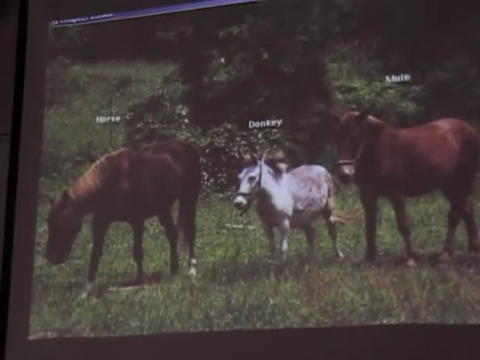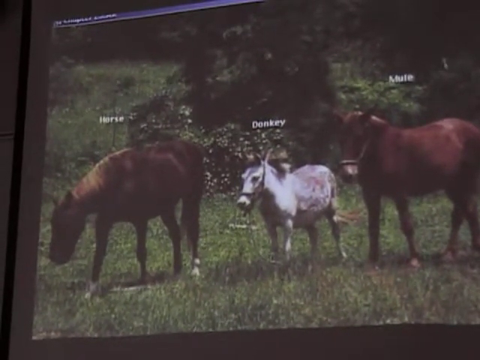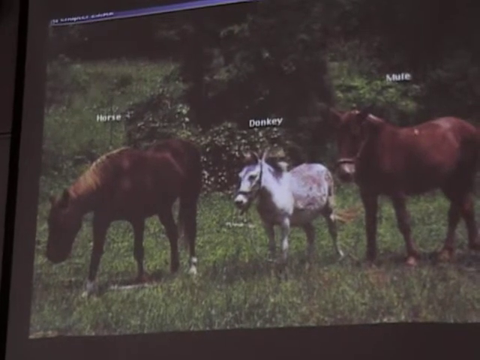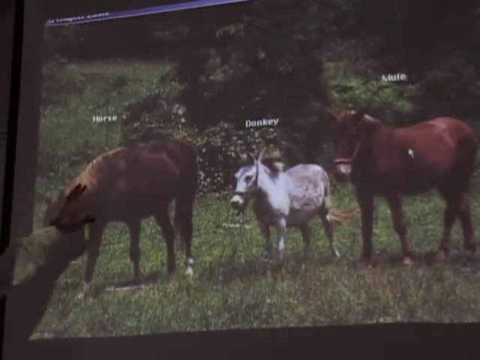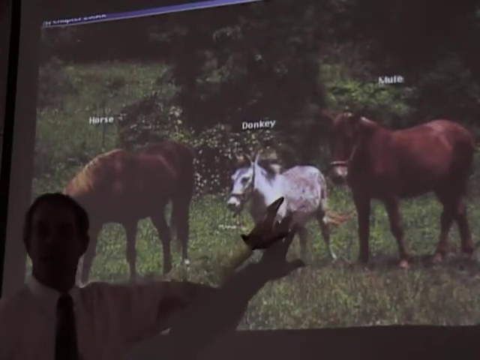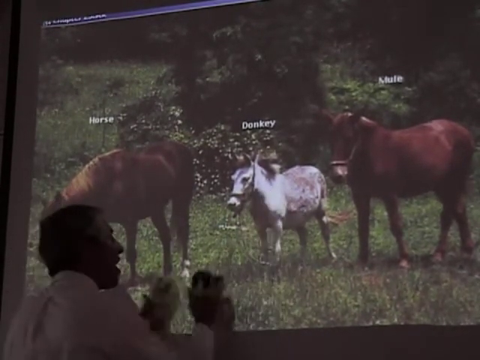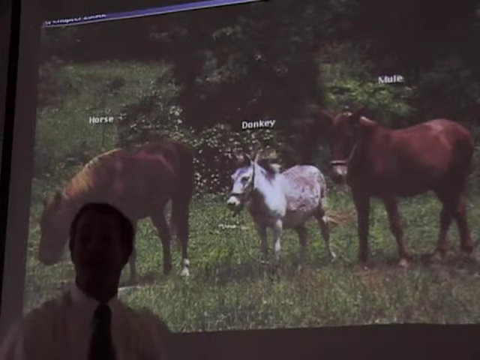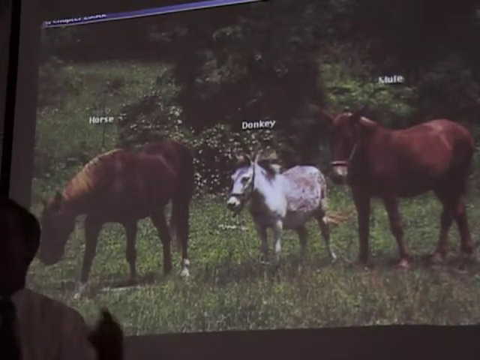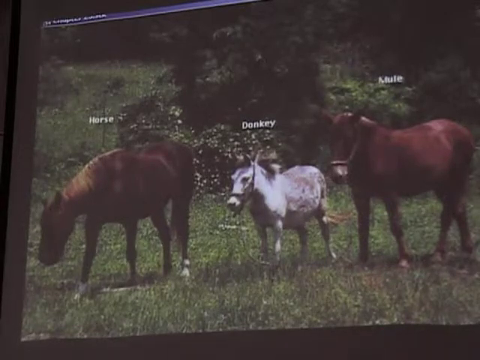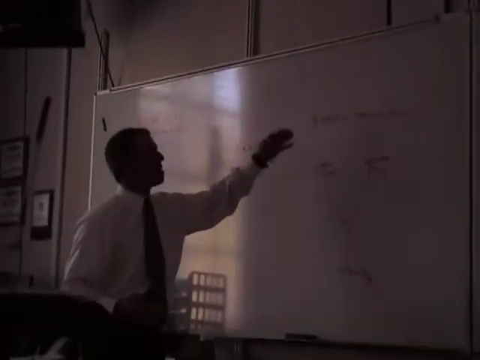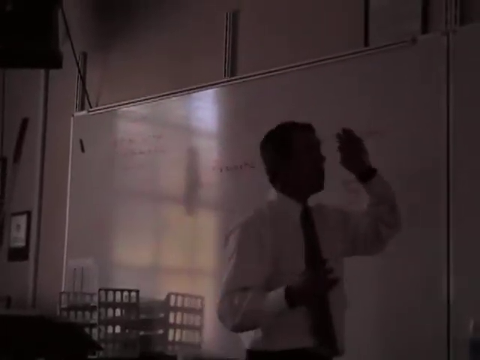If you mate a horse and a donkey, you end up with a mule. The mule is sterile too. So what this means is the horse and the donkey are different species. If two organisms cannot have a baby that can have kids, then they're separate species. And we call this post-zygotic isolating mechanisms.